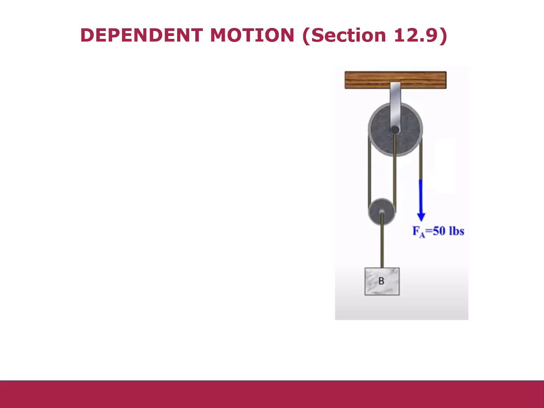Okay, before dissecting this dependent motion analysis, first of all, let's see this scenario, in which we have a pulley arrangement, and we can apply the force from point A, by which this mass B will move in upward direction, right?